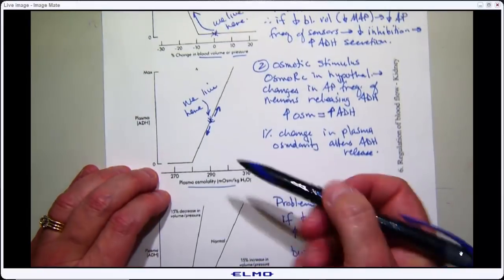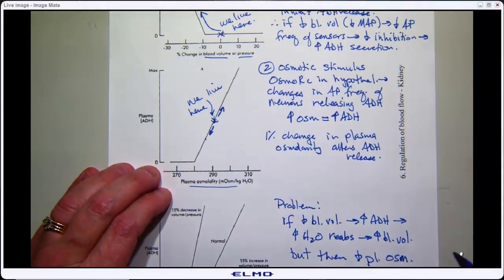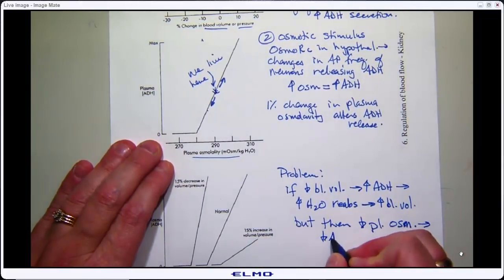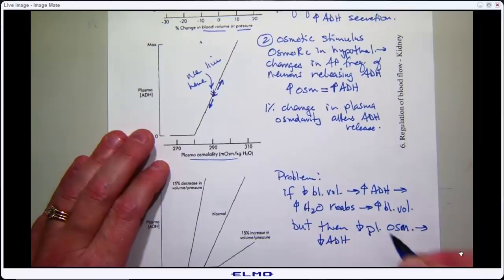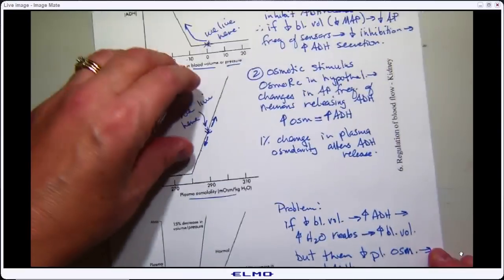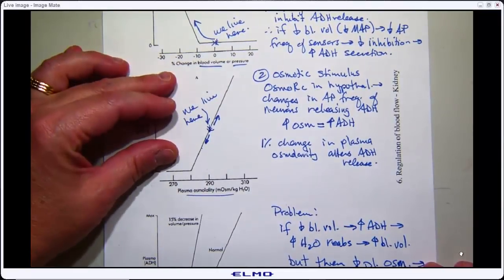Okay, and in this graph, if we decrease our plasma osmolarity, we drop ADH. So based on these two sensors, we will never be able to fix our blood volume problem, okay? Unless somebody changes. And what does change then is the sensitivity of this osmoreceptor, okay?